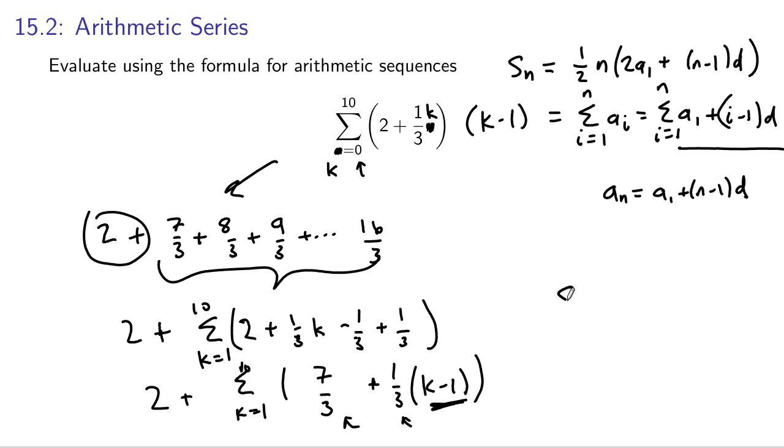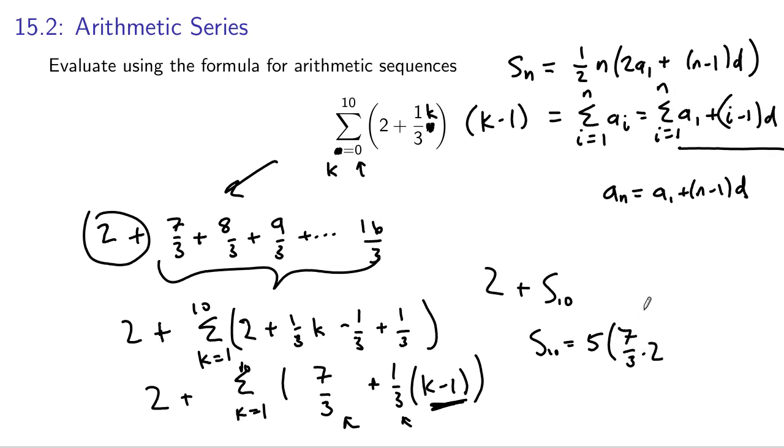So the formula was s. Here's the formula. So we want to find 2 plus s sub 10, because 2 had to be added because this indexing is at 0. So 2 plus s sub 10. Now I need to find this. s sub 10 equals 1/2 of n, which is 10. So 10 over 2 is 5, times 2 times a sub 1, which was the 7/3.